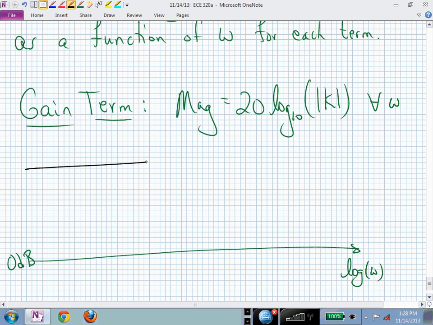Now maybe if somebody gave me this and said, oh, your gain was 40 dB. What's that correspond to in terms of the absolute value of K? That's 100. So if you had a gain in your circuit of 100, you would have a contribution of 40 dB for all frequencies due to just that gain term.